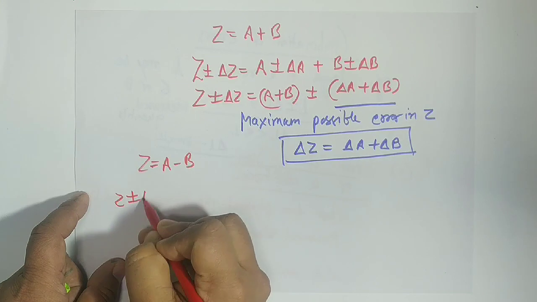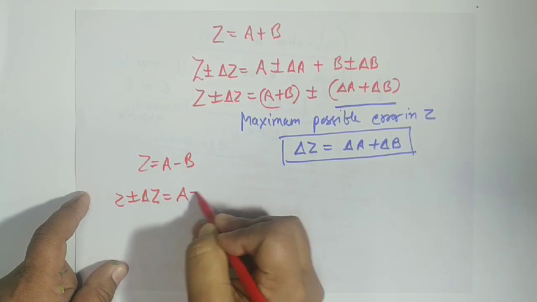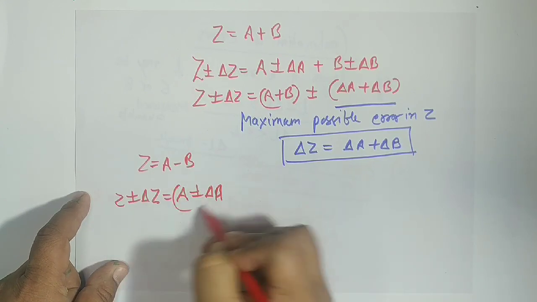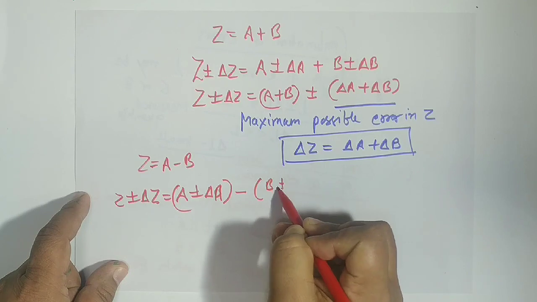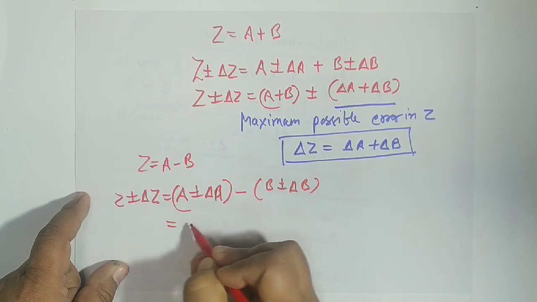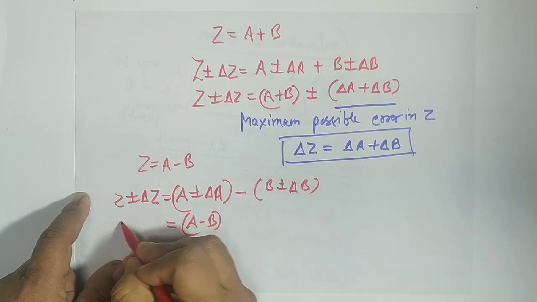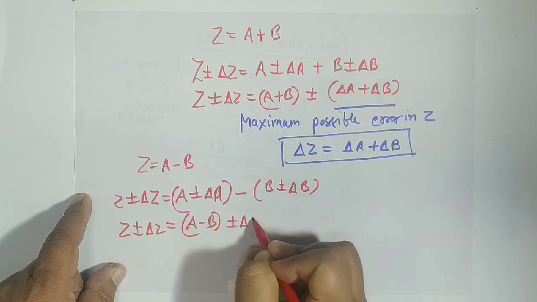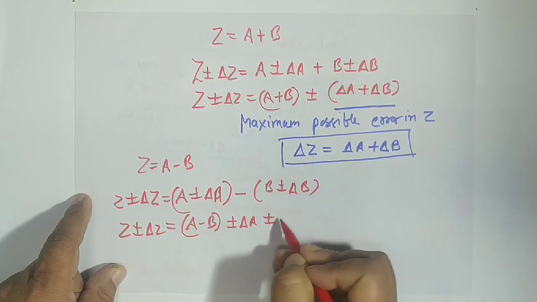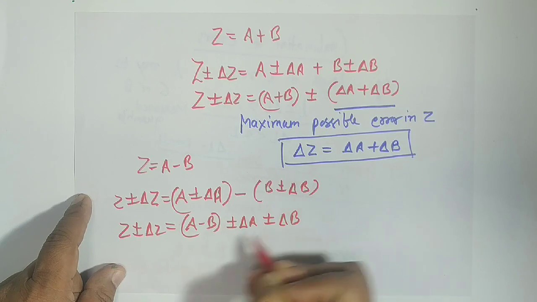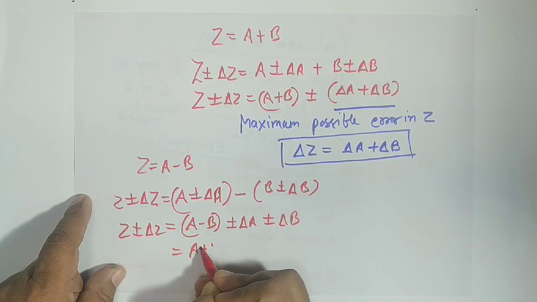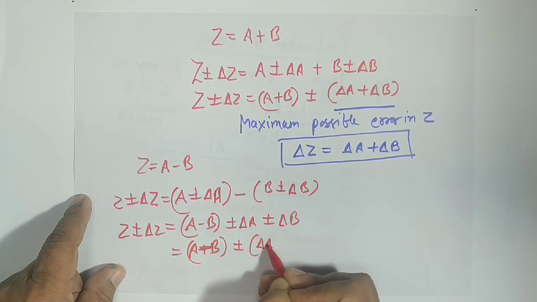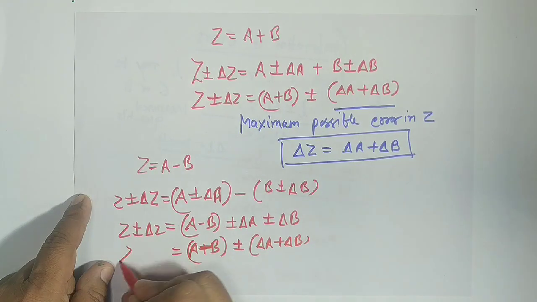I will write Z plus minus delta Z, equal to A plus minus delta A, minus B plus minus delta B. If I open it, I can take the true value in one and the error value in one, and then it will be plus minus delta A, and then minus plus, again plus minus delta B. So finally I am writing A minus B, and it will be plus minus delta A plus delta B. Are you getting it or not?